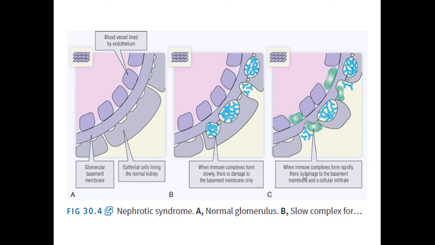And when immune complexes form rapidly, for example, there is damage to the basement membrane, and cellular infiltrates can be seen in that particular area, while in nephrotic syndrome this is not going to take place, and there is no damage to the basement membrane of the kidney.